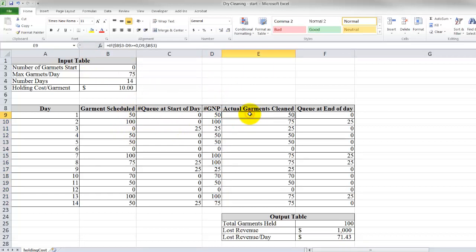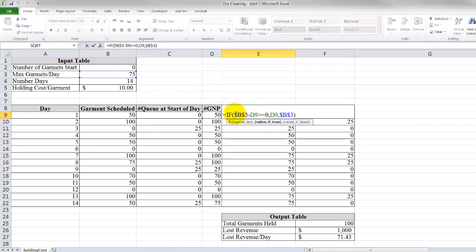And then we needed to write some logic in order to determine the actual garments that got cleaned. That took a little bit of logic in terms of identifying situations where we could only process the max or the difference.